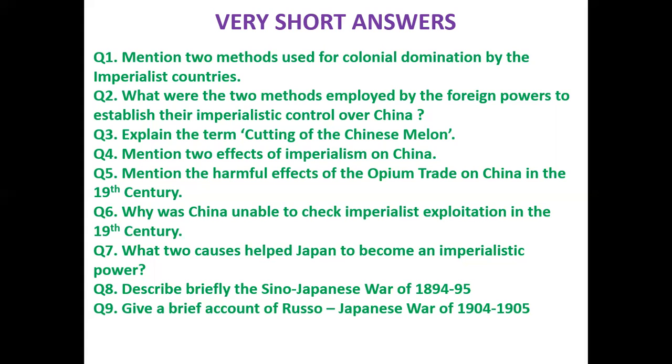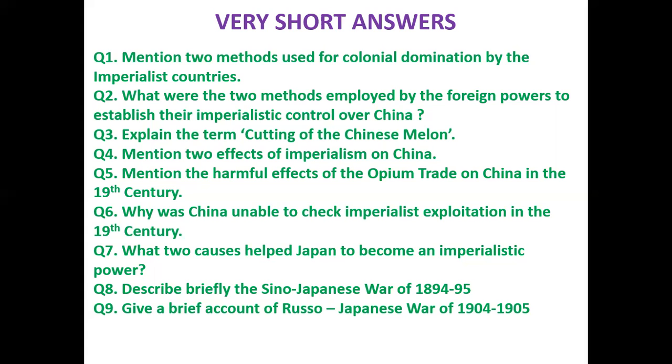Russo-Japanese War. In the 19th century, people of Asia and Africa believed in the superiority of the European powers, and they thought it was very difficult to defeat them. Japan inflicted a crushing defeat on Russia in 1904-1905.